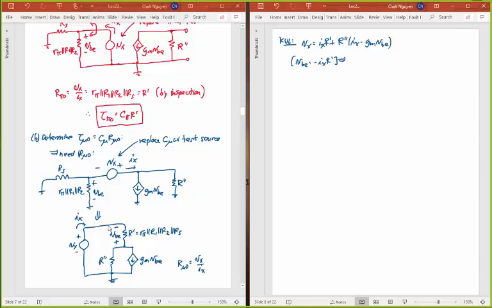Just from that circuit. And so using this then, together with what I have above there, let me join these together like this. So joining those together here, I end up with Vx is equal to Ix times R prime plus R double prime times Ix plus Ix times R prime times GM.